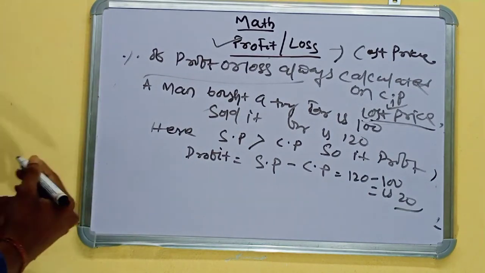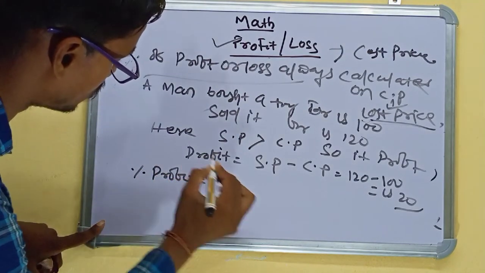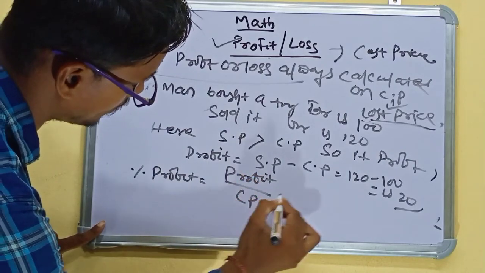Then how to calculate the percentage of profit? Percentage of profit is equal to profit divided by CP into 100.